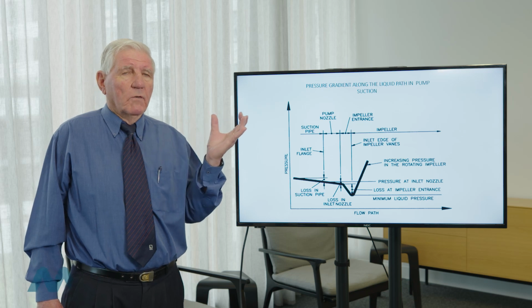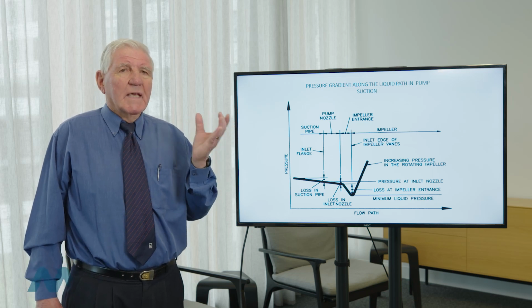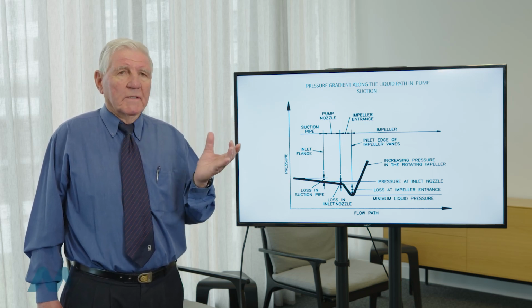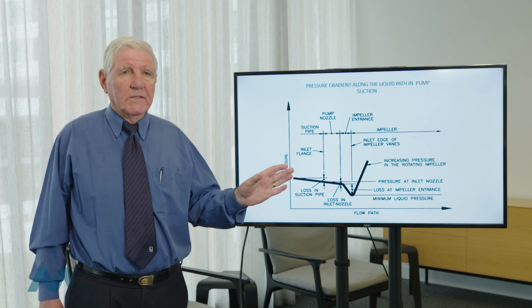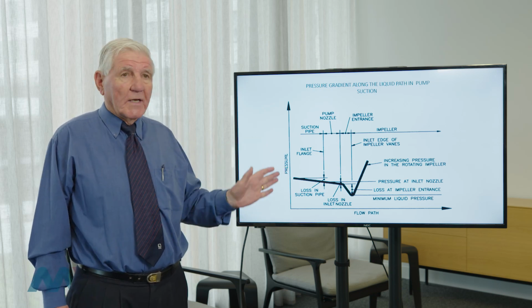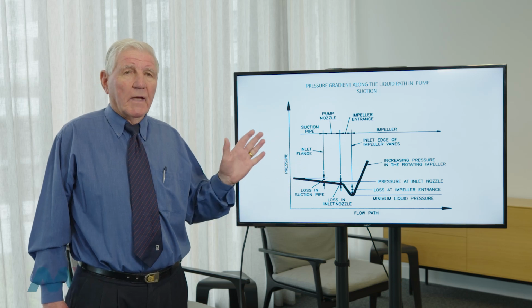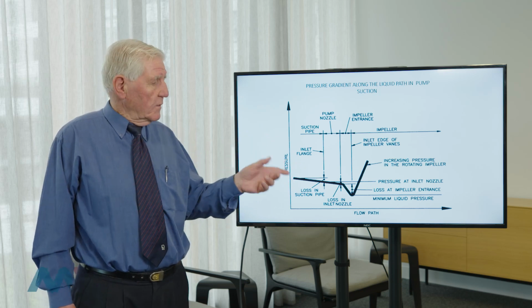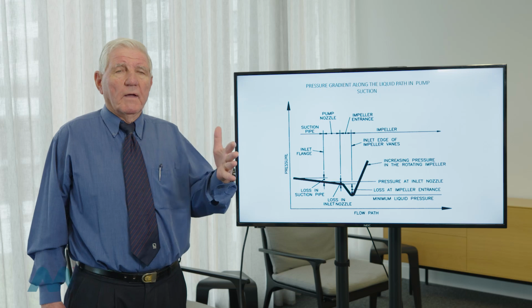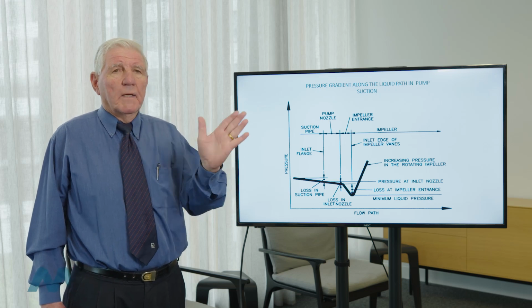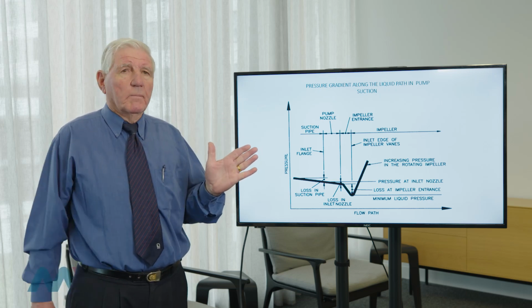So velocity is not really an issue in that case. It's a question of energy loss. So there's no kinetic energy loss between the suction flange and the eye of the impeller. What you're getting is a friction loss, which is the friction of the fluid passing through that short section of pipe between the flange and the eye of the impeller.